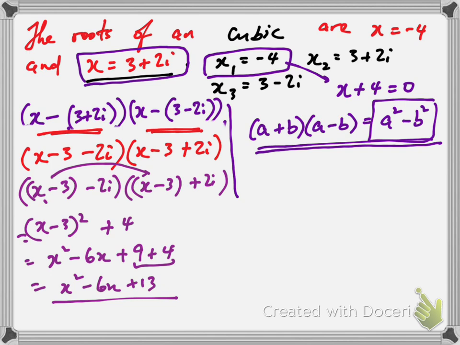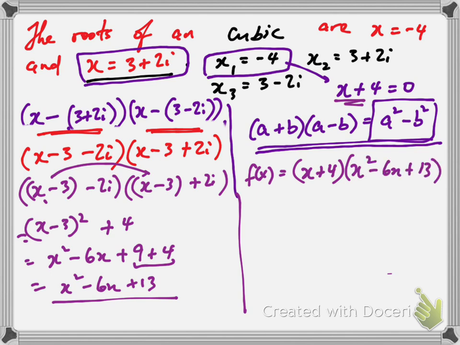And that becomes your quadratic factor, because you already have x plus 4. So your function f of x would be equal to x plus 4 multiplied by what you just got, which is x squared minus 6x plus 13.